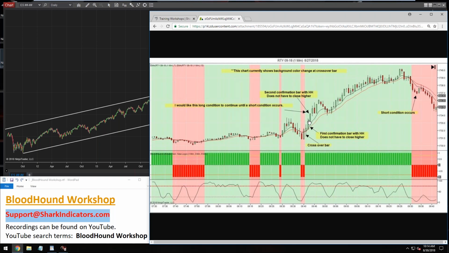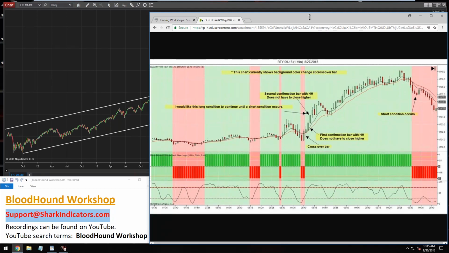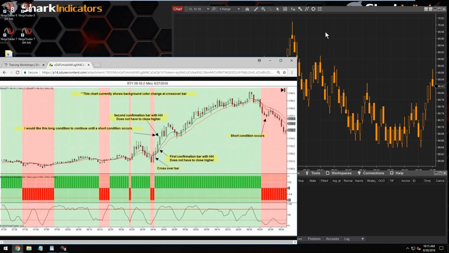And then also we're looking for the Fast Stochastics to touch and dip below 25 for a long setup, or the stochastics to hit the 75 level in a short situation. So basically that's the setup, and we'll get started.